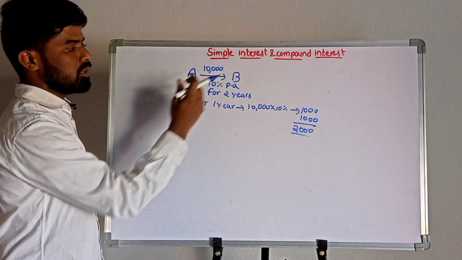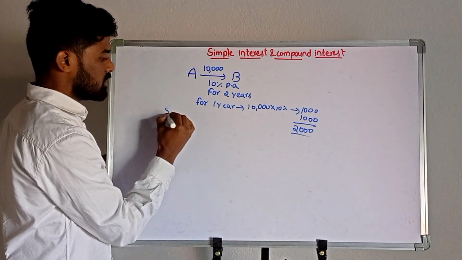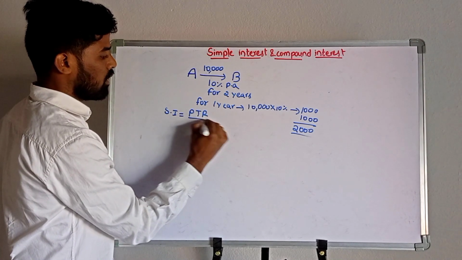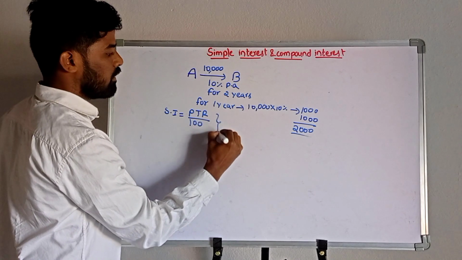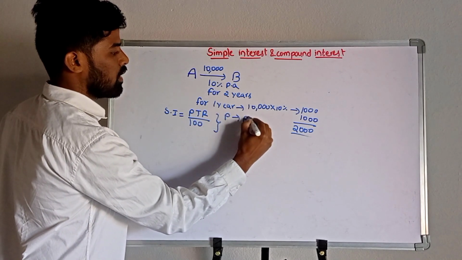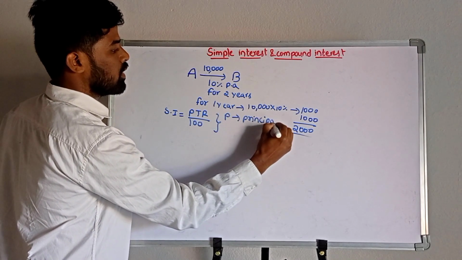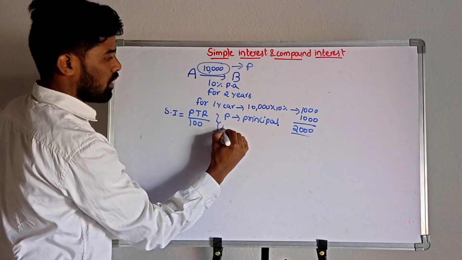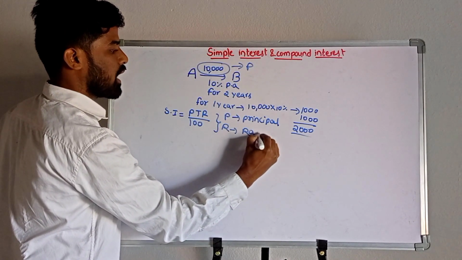For calculating simple interest, we have a formula, that is simple interest is PTR divided by 100, where P is principal. The principal here is 10,000. R is rate of interest per annum.